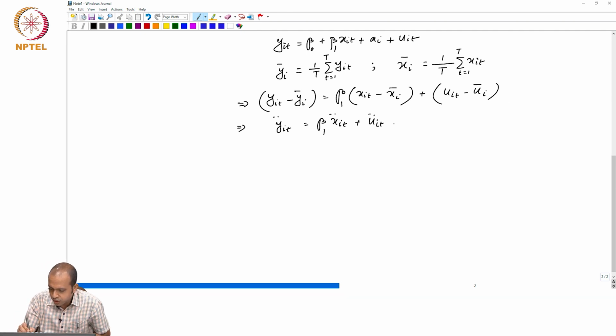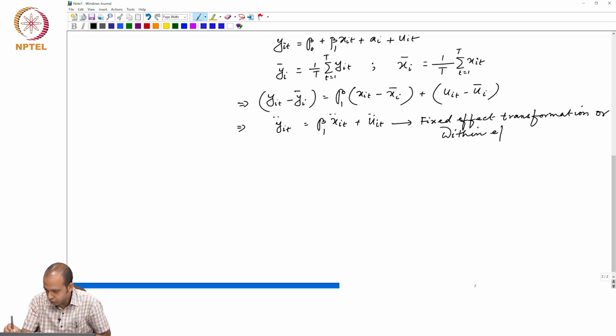So, this model is also known as the fixed effect transformation, or within effect model.